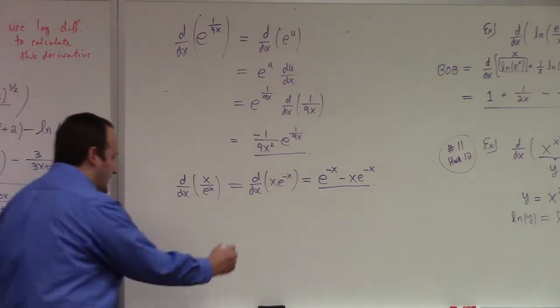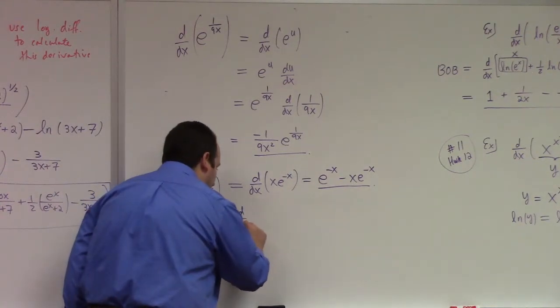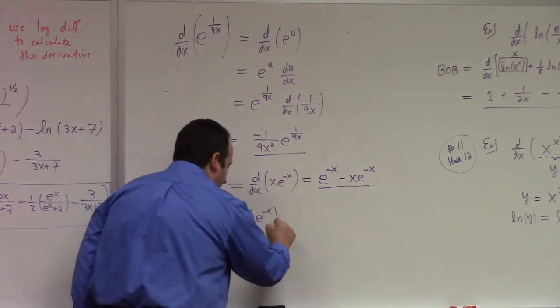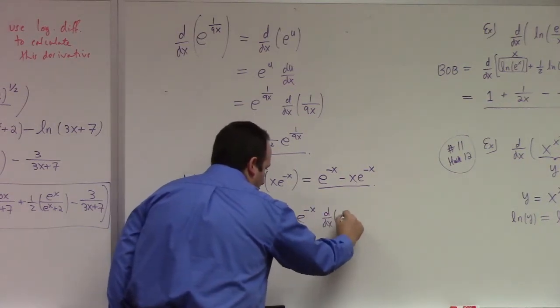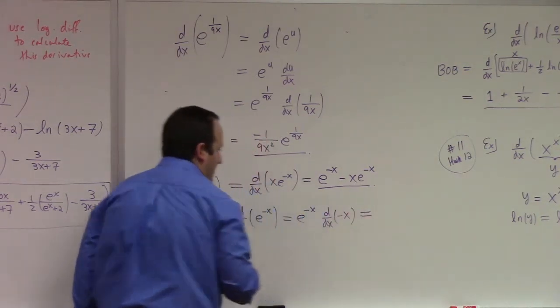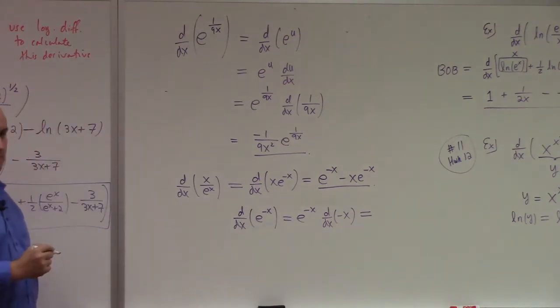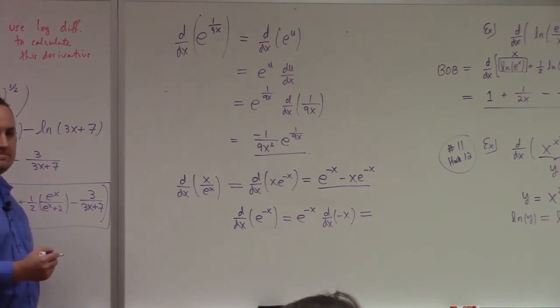If we differentiate e to the minus x, what do we get? What's the derivative of minus x? What's the slope of the line y equals minus x? Minus 1 everywhere.